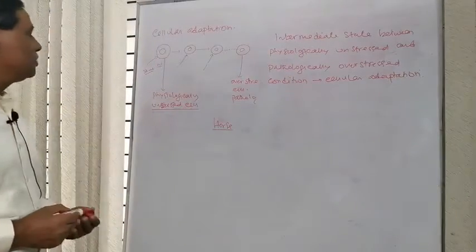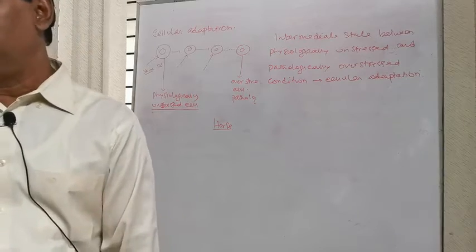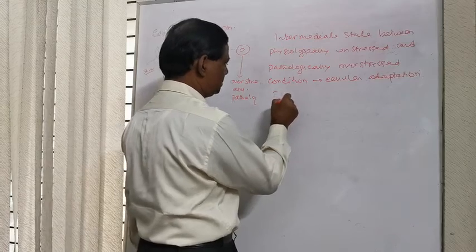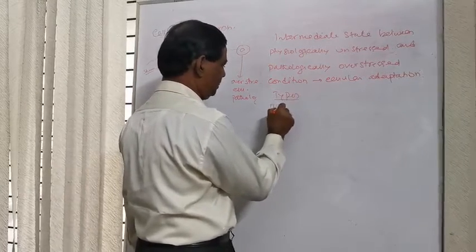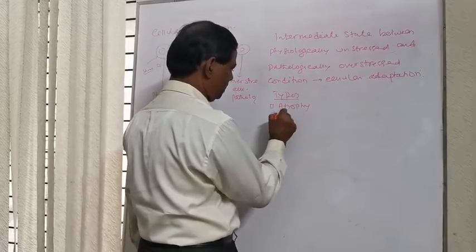Now come to what are the different types of cellular adaptation. There are 4 types of cellular adaptation. Number 1, atrophy. Number 2, hypertrophy.